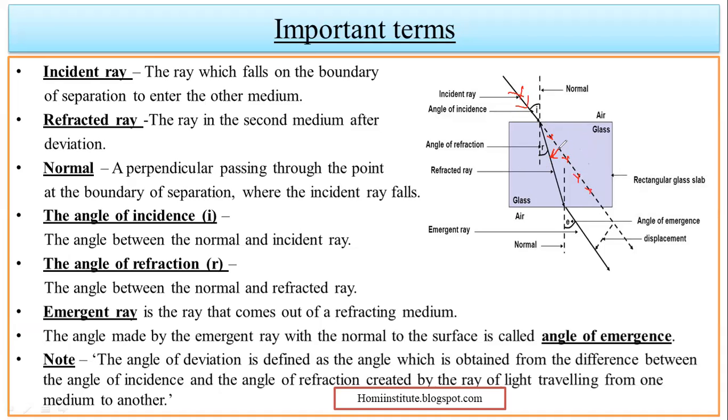But the angle which is forming over here for the light ray which got refracted is called the angle of deviation. So this is the angle of deviation which is forming between the actual path of the light ray and the refracted light ray.